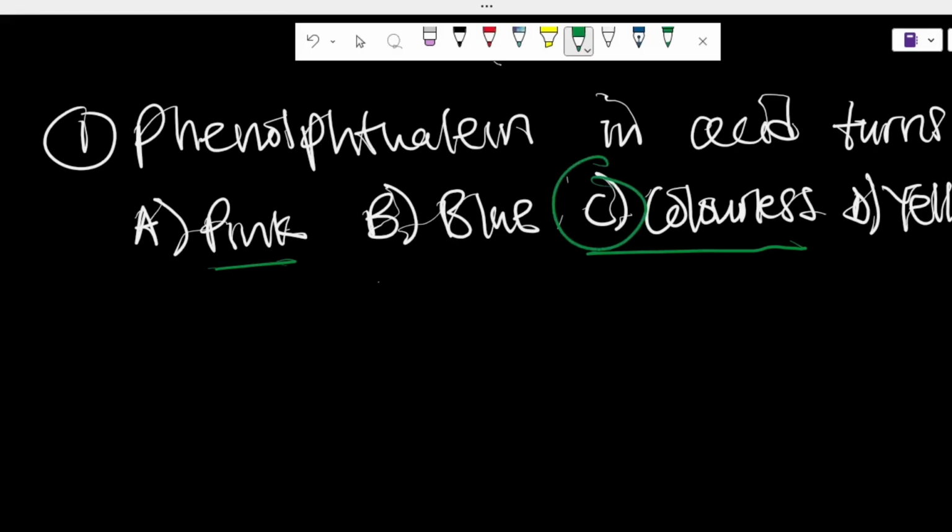In this case, because it is an acid, the correct answer is C. And you might be given a list of indicators and asked which indicator gives a pH range, or different ranges of pH. You know that it is the universal indicator that does so. So make sure that you understand these concepts.